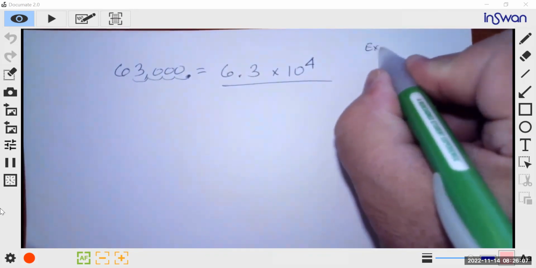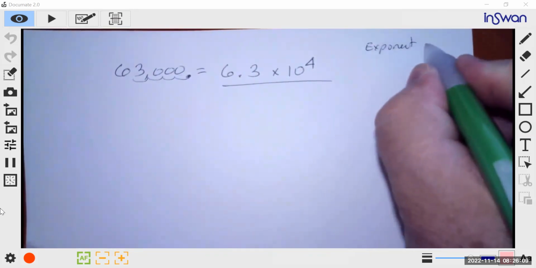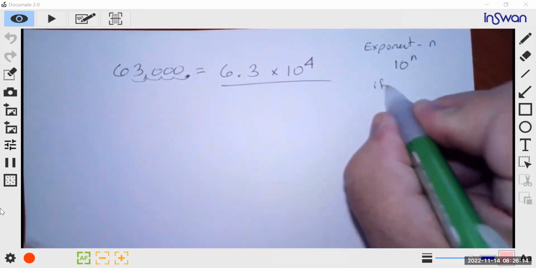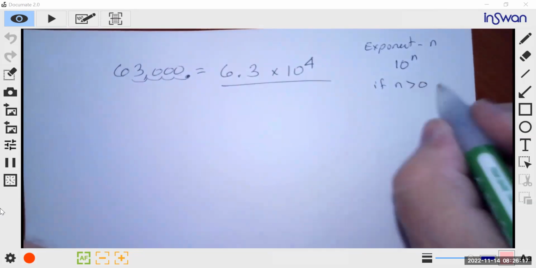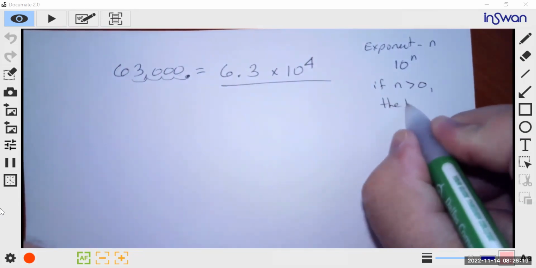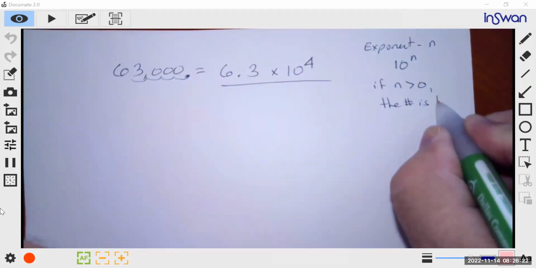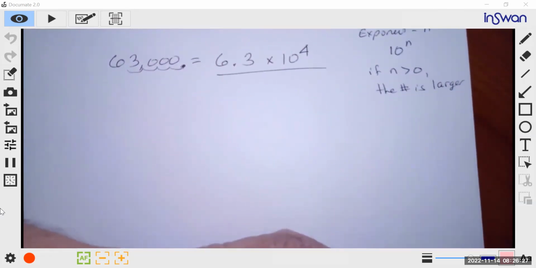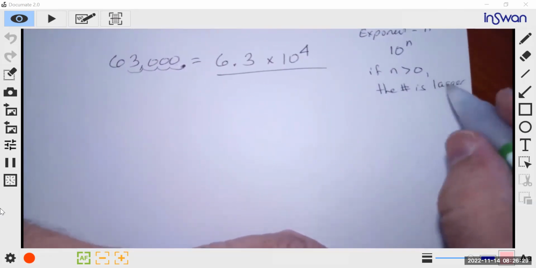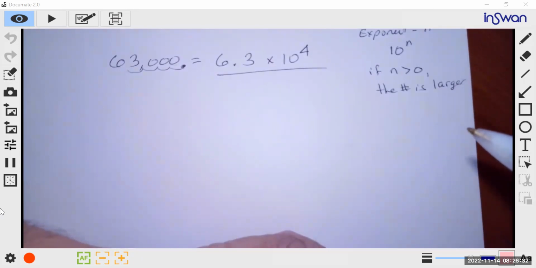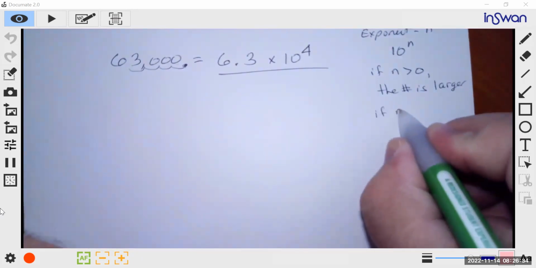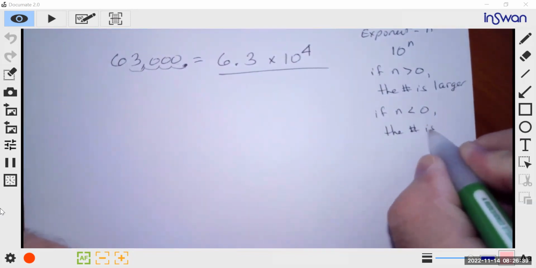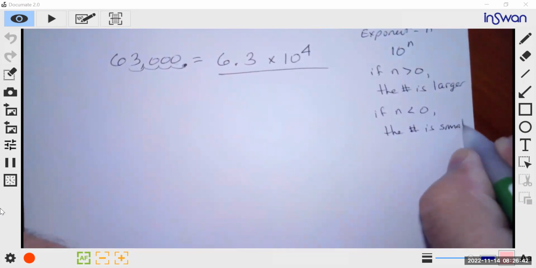With the exponent, the n, or 10 to the n, if n is positive, the number is large. If n is negative, the number is small.